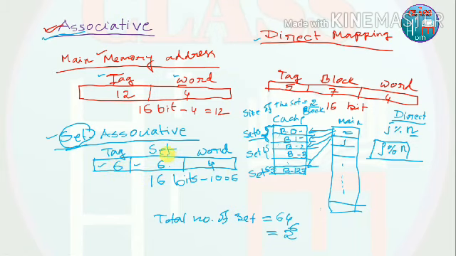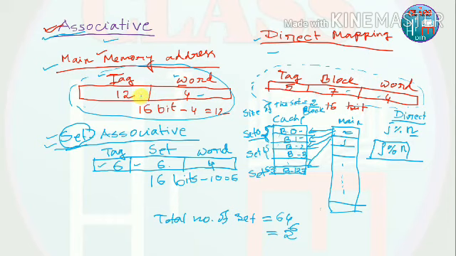Clear? So whatever problem you are given, if you are asked to find the main memory address format for direct, associative, and set associative mapping, your answers will be these. For direct mapping, tag will be 5, block will be 7, and word will be 4. If it is associative, then the tag will be 12 and word will be 4.